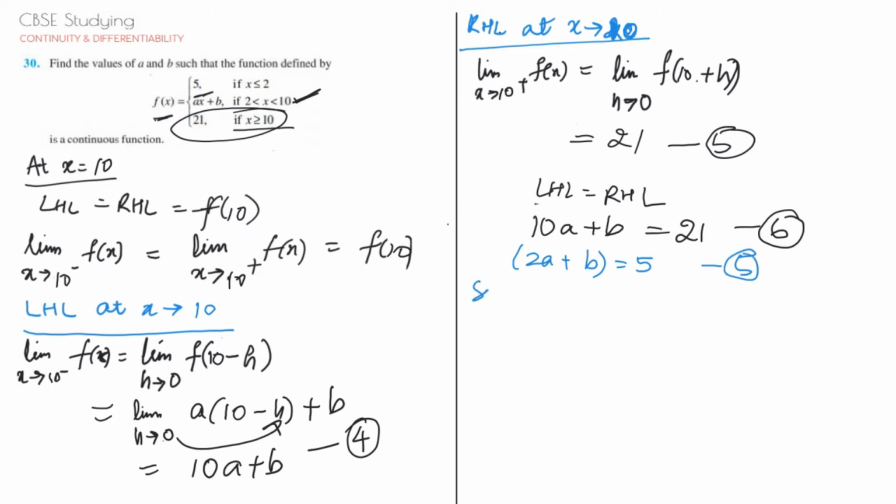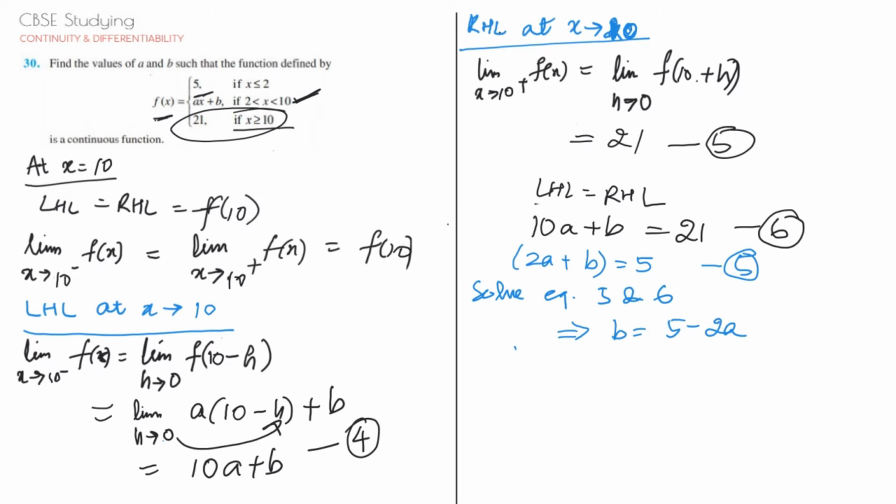So now we are going to solve equation number 5 and 6. You know different ways to solve an equation. You can do any of the methods, you can do the elimination method. Or another easy way is that from the equation 2a plus b is equal to 5, you can say that b is equal to 5 minus 2a.